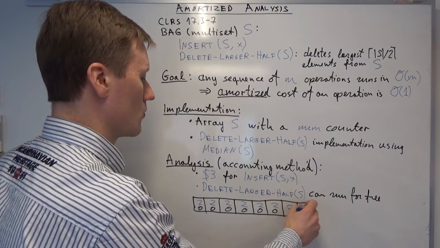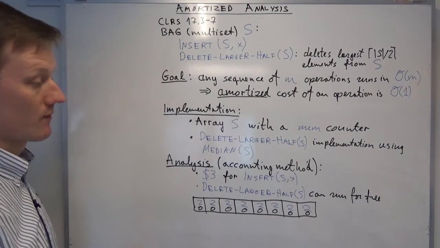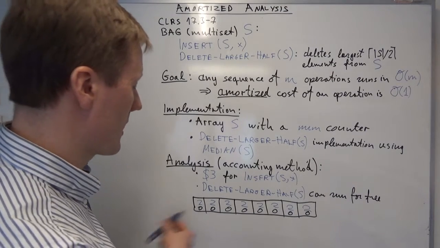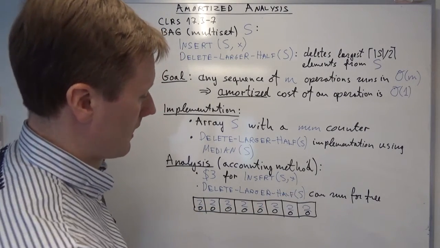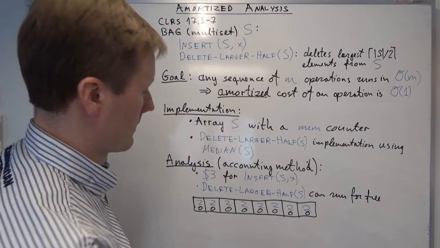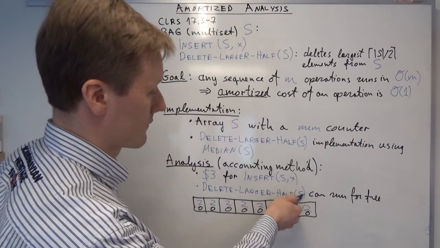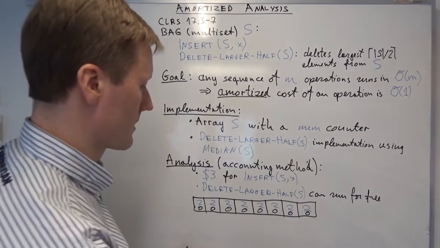Then we can do any sequence of delete larger half operations for free. So let's do one delete larger half. It costs linear time in terms of how many elements there are in the array.